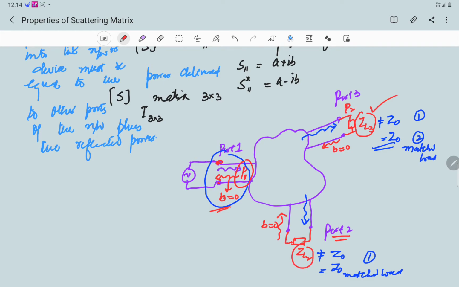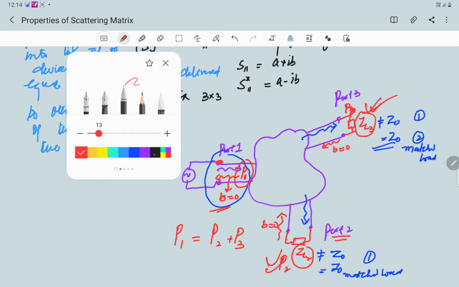Let power delivered to load 3 be P3, and power delivered to load 2 be P2. In this case, for a lossless network, P1 would be equal to P2 plus P3. Power input at port 1 is nothing but power delivered to port 2 and port 3.